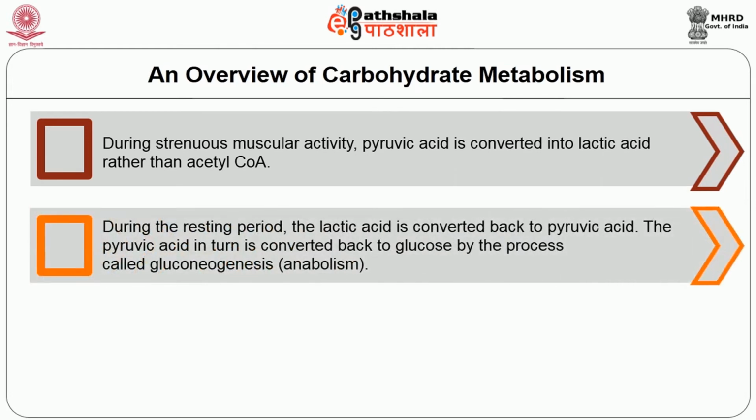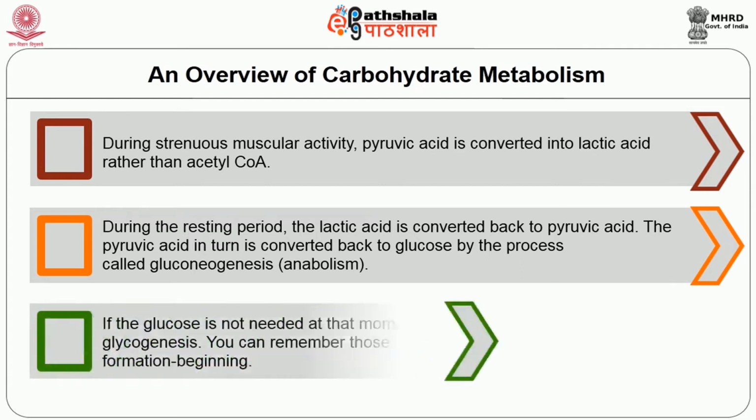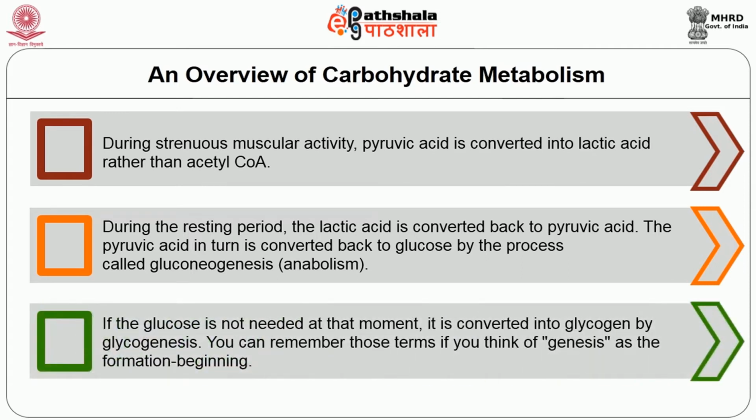During the resting period, the lactic acid is converted back to pyruvic acid. The pyruvic acid in turn is converted back to glucose by the process called gluconeogenesis under the anabolism process. If the glucose is not needed at the moment, it is converted into glycogen by glycogenesis.